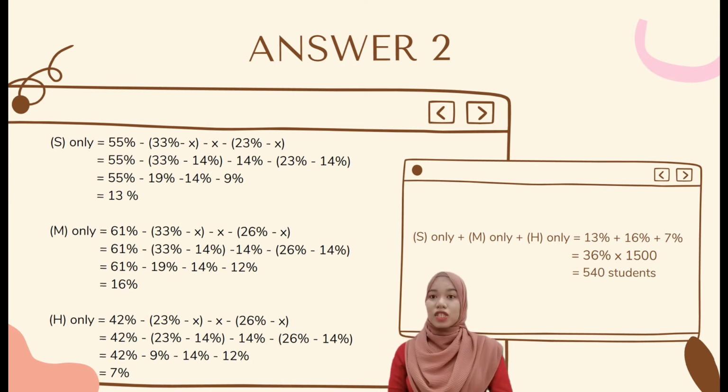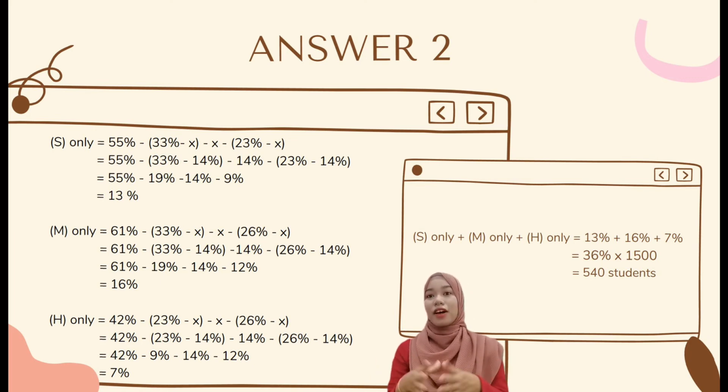To find mathematics only, I conclude 61% minus total of science intersect mathematics, which is 33%, minus 40%, minus total of history intersect mathematics, which is 36%, minus 40%, and I get 60% for mathematics only.